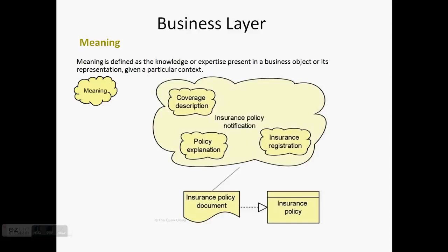It is a description that exposes the intent of the representation, for example how it informs the external user. So meaning belongs to a representation, and as an example, it informs the external user.